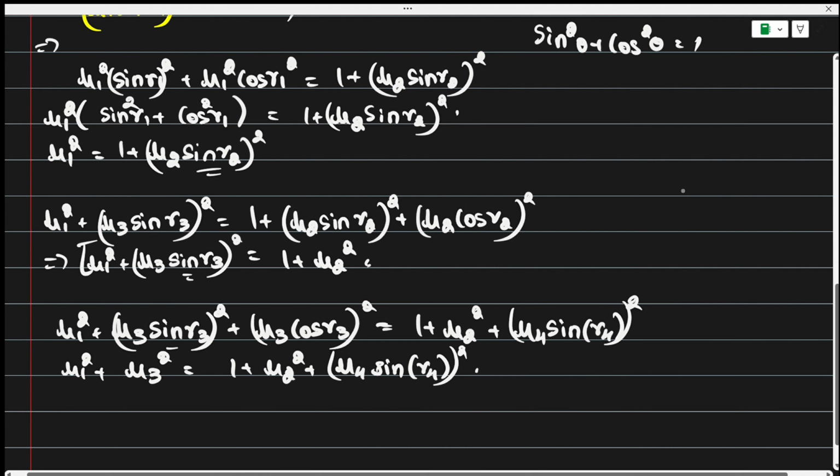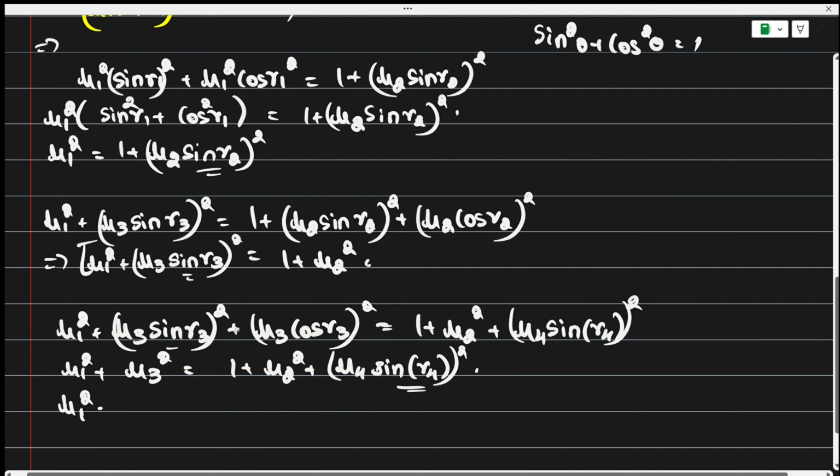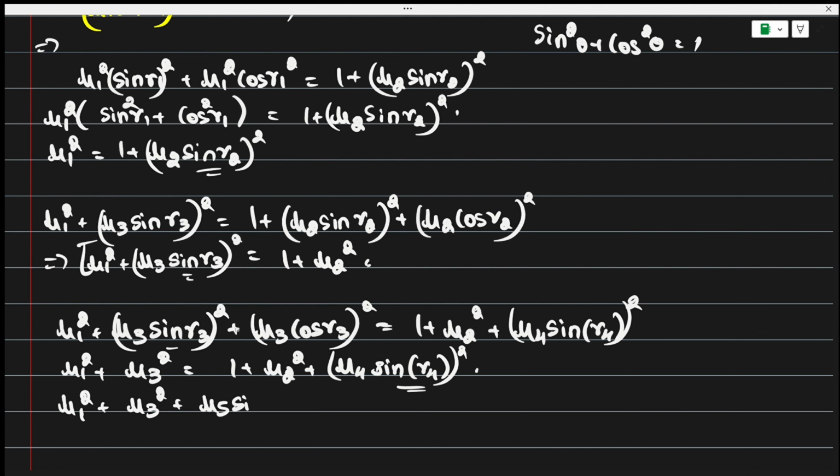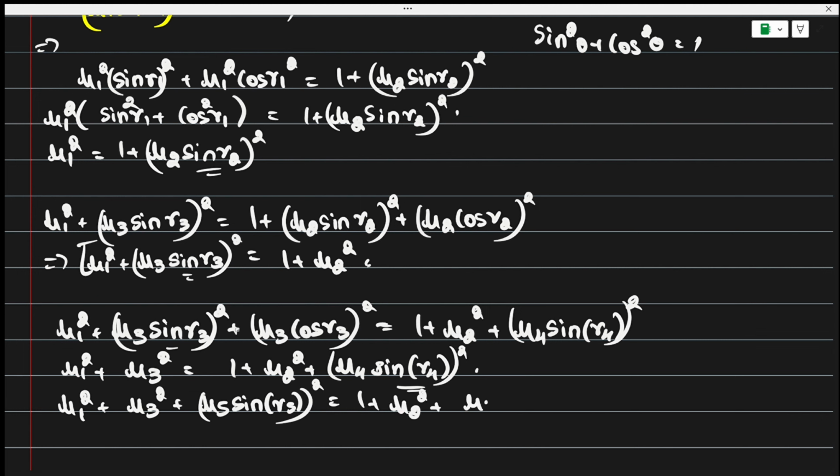Now to get rid of sin r4, I am going to add equation 5, but this time I will be getting cos r4 on the left side. So to get rid of this sin r4 term, I am going to flip that fifth equation, square it and add it. So mu1² plus mu3² plus (mu5 sin r5)² equals 1 plus mu2² plus (mu4 sin r4)² plus (mu4 cos r4)².